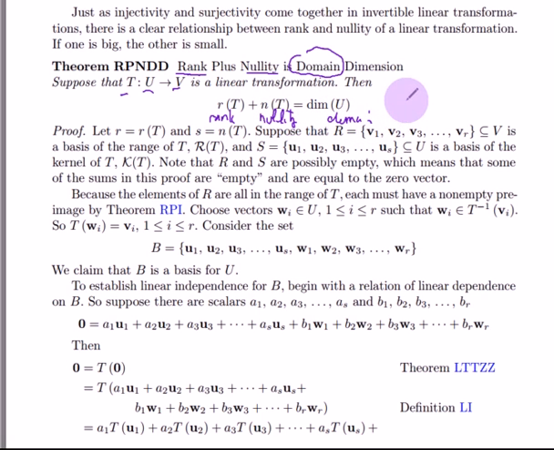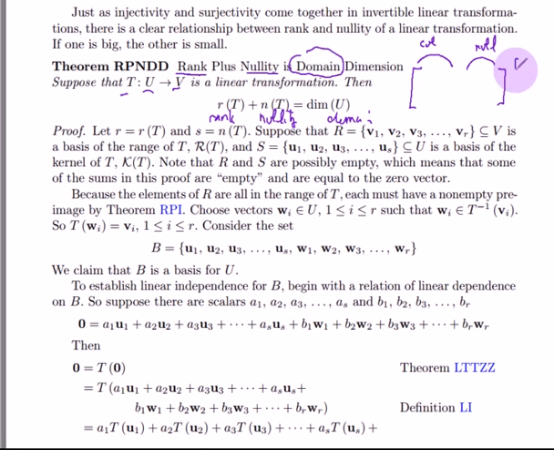Now let me relate this to something that we saw with matrices. If you remember, when you had a matrix, we talked about the dimension of the null space and the dimension of the column space, and the sum of those two is equal to the number of columns.